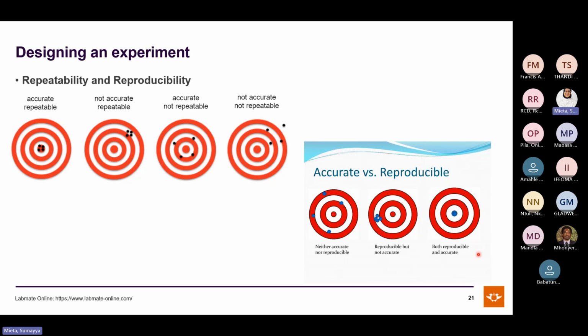And then the last one is where it is reproducible and accurate. So that is what it should be. Each time a different individual did it with different equipment, they all got a result in this range. Okay. And this is what we aim for.